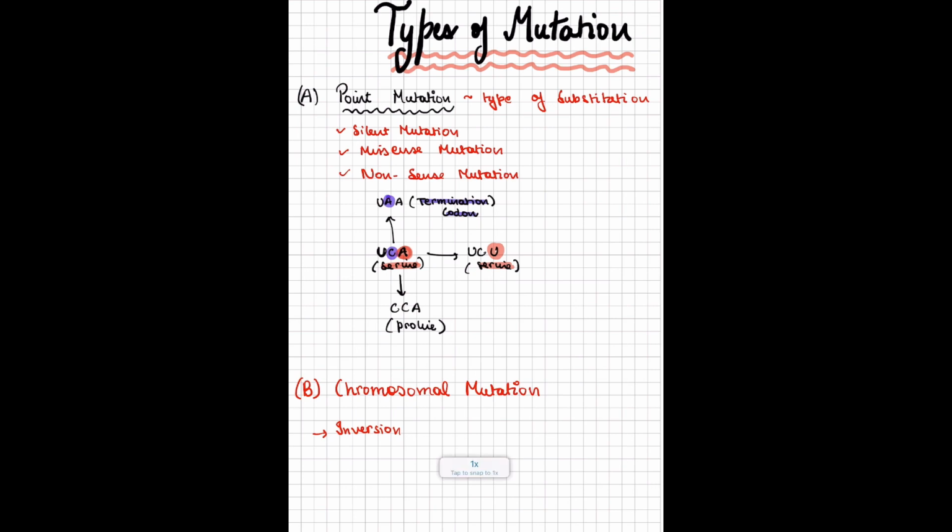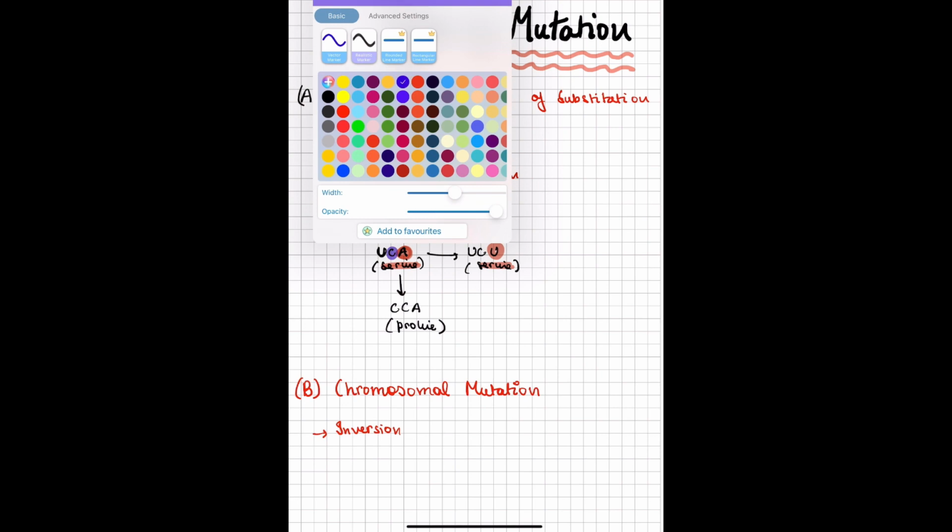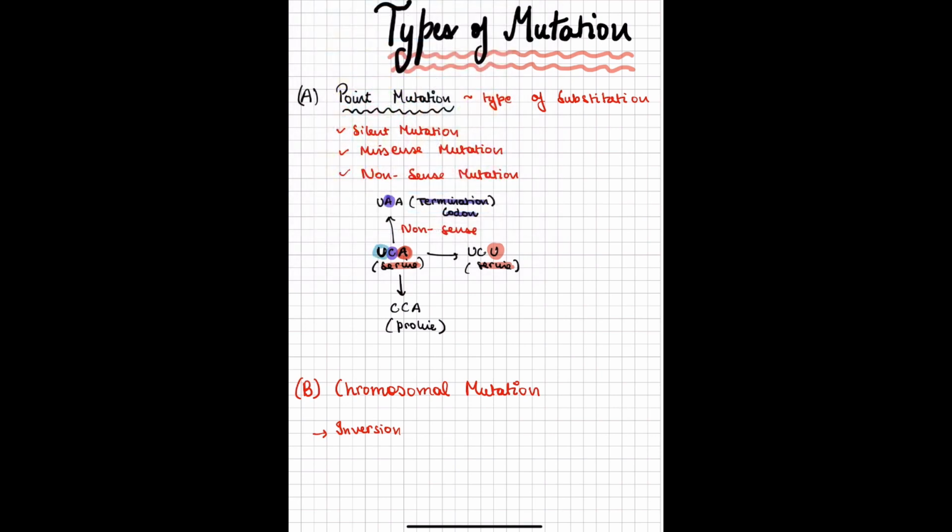Now, what if I replace uracil with cytosine? It will form CCA. It codes for proline. Now the codon is also changed and the amino acid also changes. So this type of mutation is known as missense mutation.